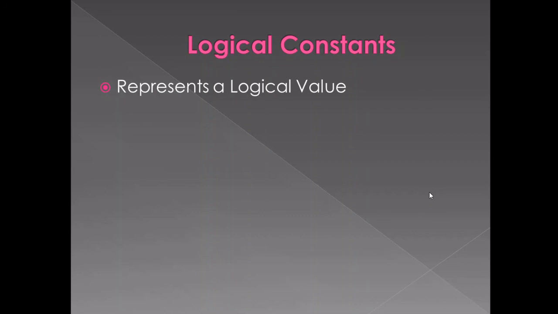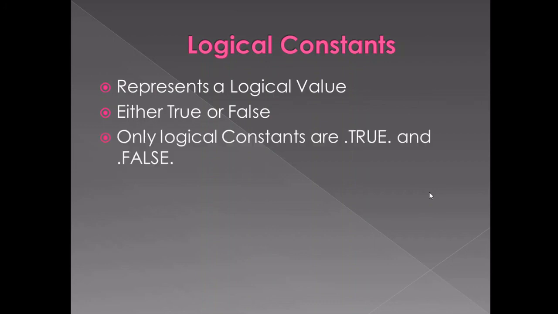So that is the decision box, and the logical value is the logic that we are using, whether A is equal to B, whether it is true or false. So a logical constant represents those logical values. It can be of two types, either true or false. These logical values are stored in a kind of constant which is known as a logical constant in Fortran.